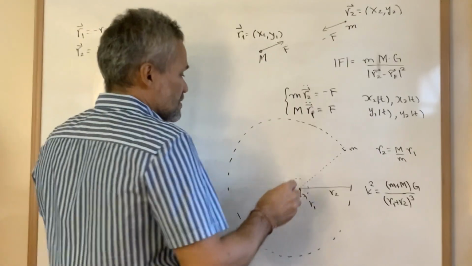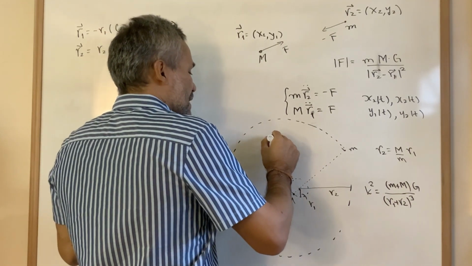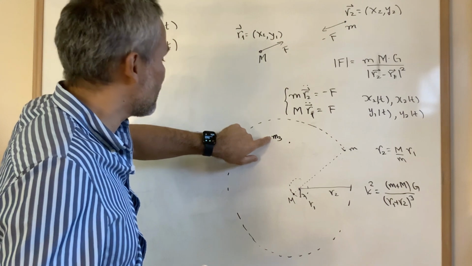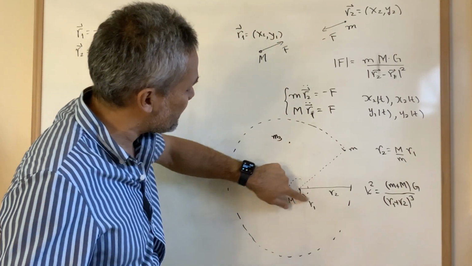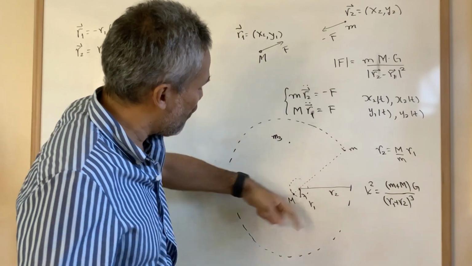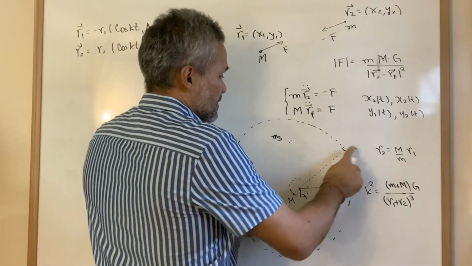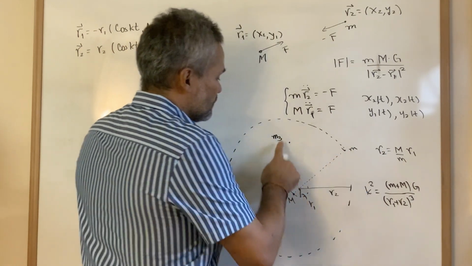Then we're going to assume that we have a body here with mass m3, and this mass doesn't have to be small, but it is such that it doesn't affect the motion of the other two bodies. We're going to call these bodies the primary bodies. Let's call this primary body 1, primary body 2.